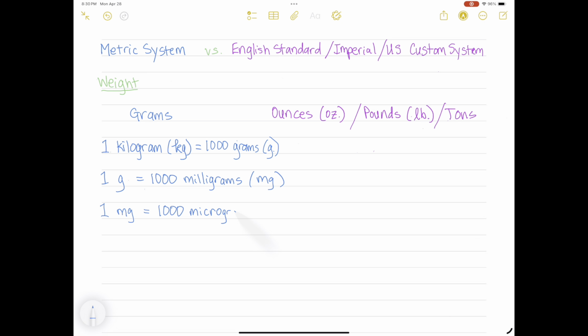The abbreviation for micro is the Greek letter mu. In the English system, 1 pound equals 16 ounces, and 1 ton equals 2,000 pounds. In comparing the metric system to the English standard system, 1 kilogram equals about 2.2 pounds.